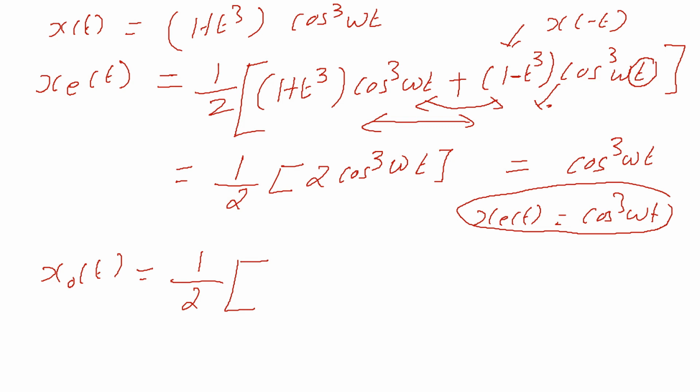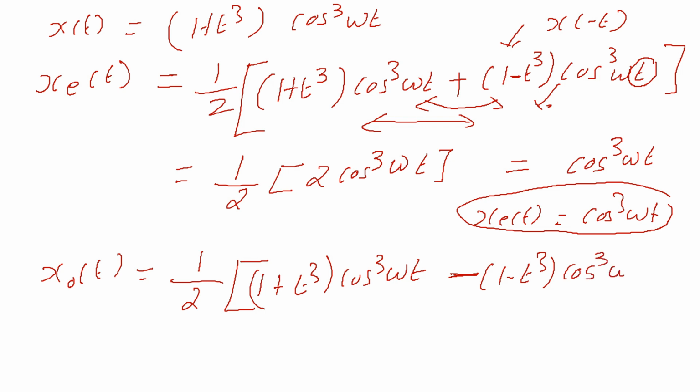So let us not waste time. I am writing it like 1 plus t cube cos cube omega t. Here the minus sign should come, right, because I am writing the odd signal. 1 minus t cube cos cube omega t, the same thing.